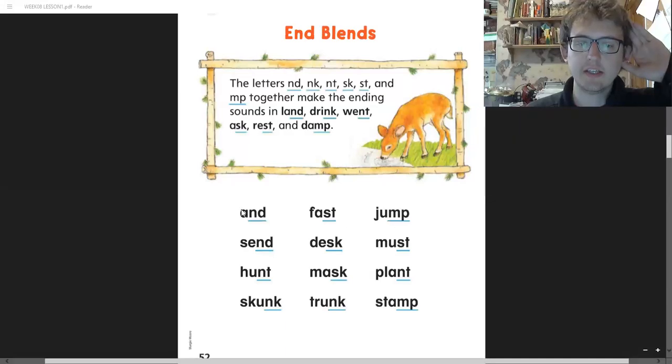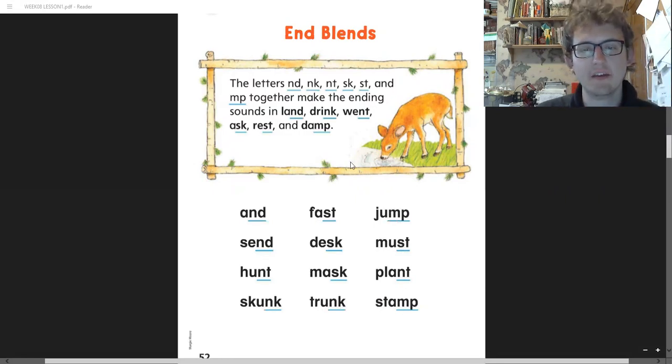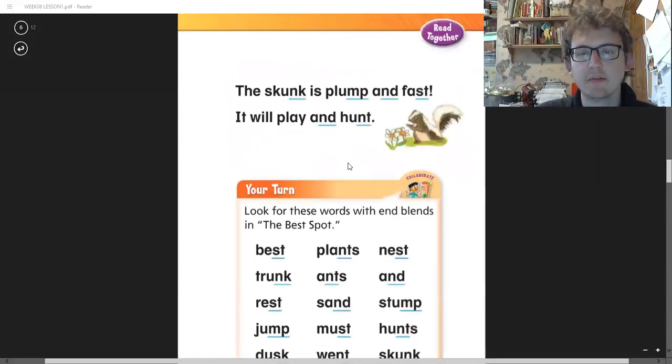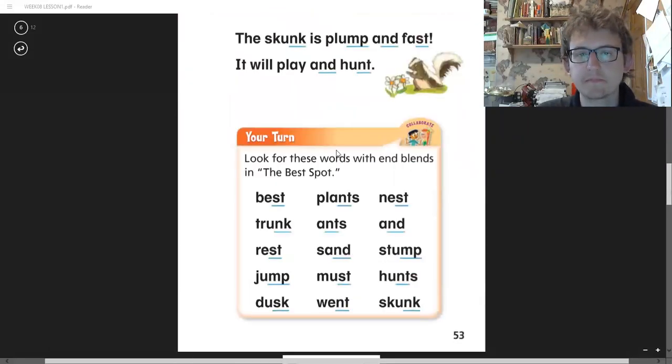So now let's read these words, okay? And, send, hunt, skunk, fast, desk, mask, trunk, jump, must, plant, stamp. Okay, very good. Now we'll go to the next page.